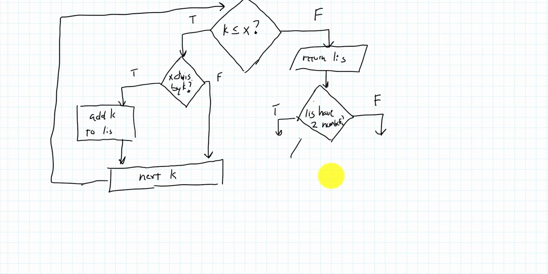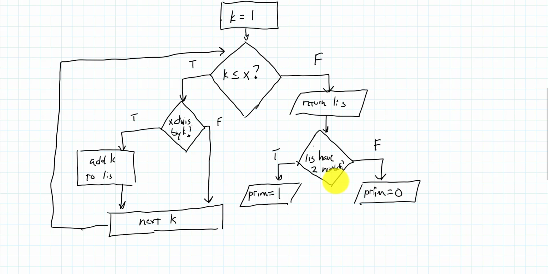So we can now return another variable I'll call prim, again, not spelling prime, as 1. And if it does not have 2 numbers, then prim is 0. All right, so we return lists. We've returned prim with our flowchart here.